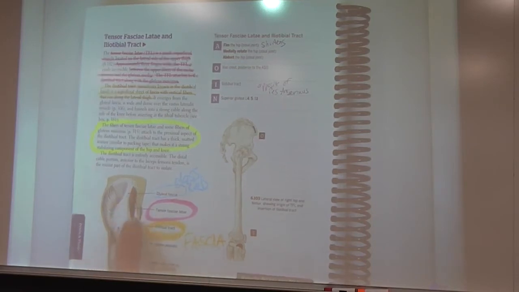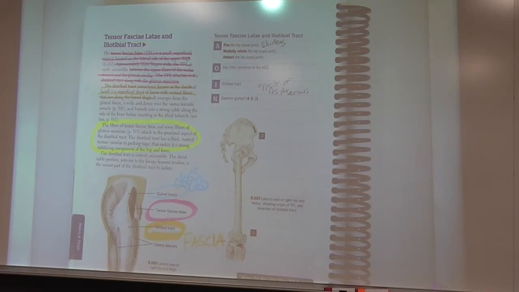It's in the upper thigh area, or you could say the front of your hip. It's approximately 2 or 3 fingers wide. This says 3, depends on the size of your fingers, right? But the TFL you can feel, and it is between the upper fibers of rectus femoris. So remember what group that muscle is in? And gluteus medius. You should be able to remember what group that one's in.